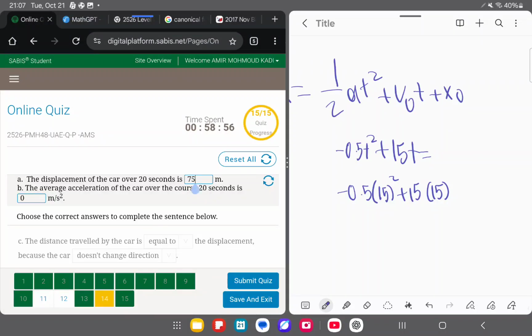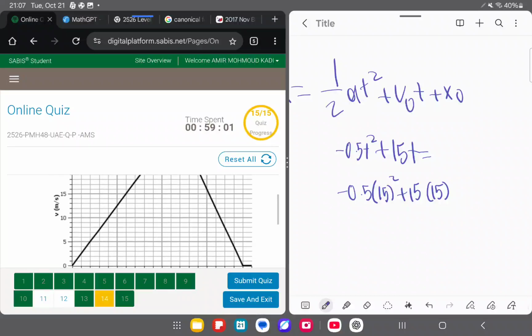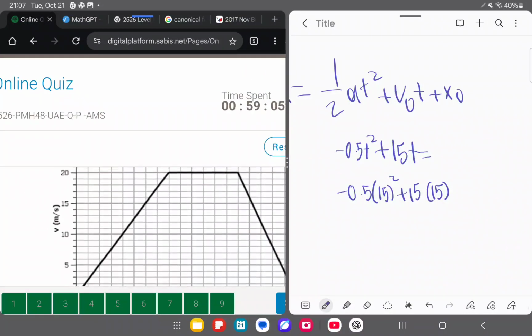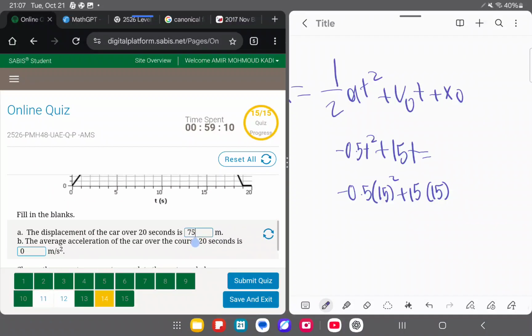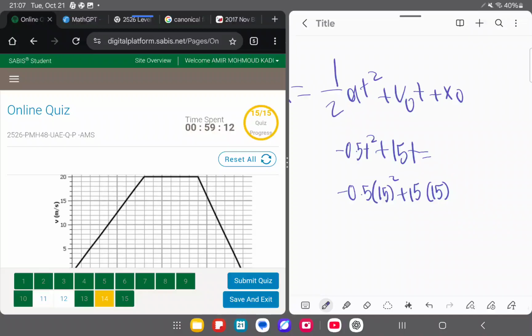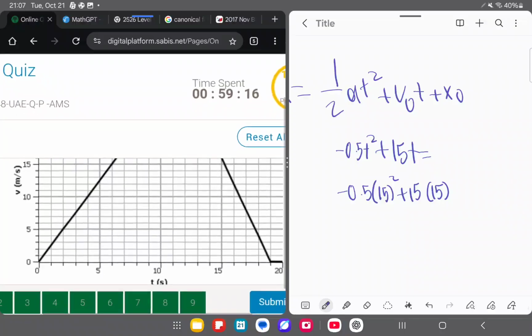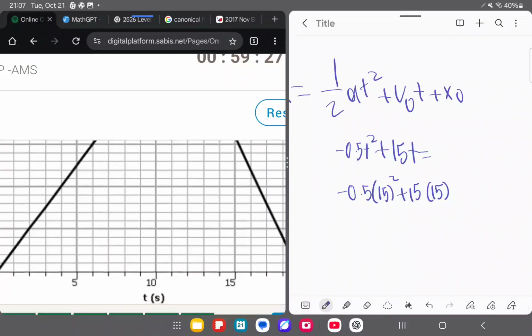Let's continue checking. The displacement of the car over 20 seconds. We have to find the area under the curve because it's a VT graph. I think I just had a small miscalculation. The graph goes from 6, 7, 8, and then until 14.